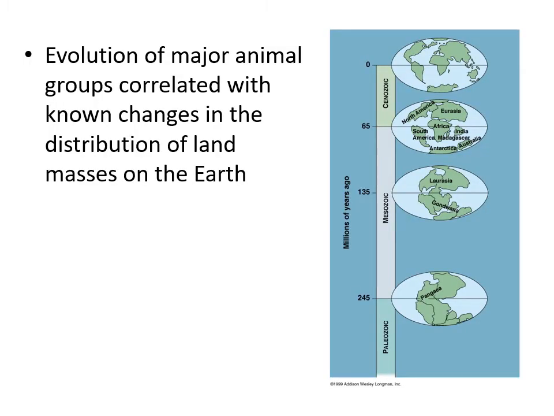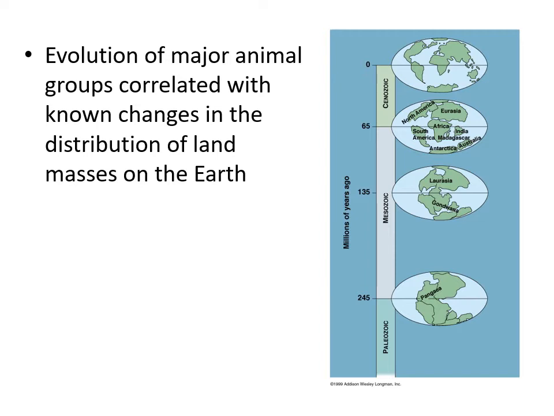So evolution of major animal groups correlated with known changes in the distribution of land masses on Earth. So understanding a nearby island and the mainland and how you'd have some species on there, relatively short-term distributions. With the larger scale, global geographic distribution, we can see this with plate tectonics.